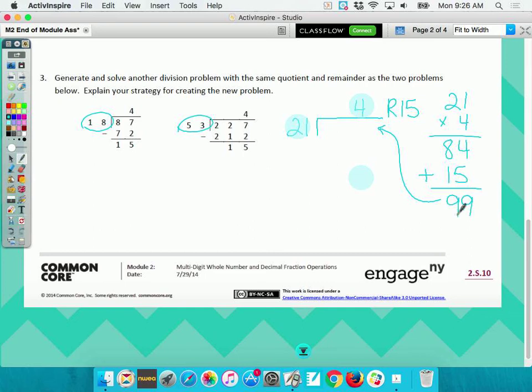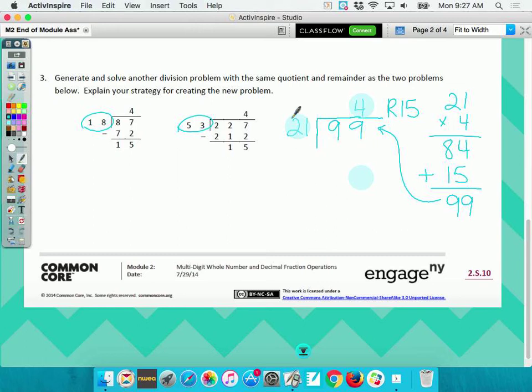So what's my dividend? Okay, now here's what I want you to do. I want you to highlight how to check a problem. Maybe that will remind you, or just put a box around it or something.